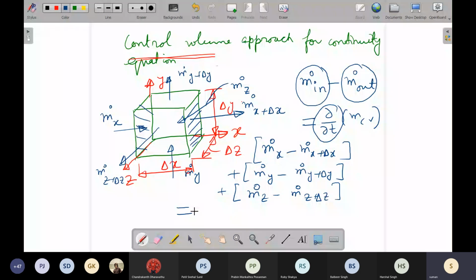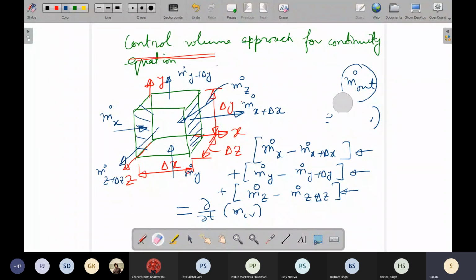So this is something which is equal to the change in mass within the control volume. So clearly we have three directionalities, and we will consider just one of them and write the others by analogy to one of them. So let us take up the x direction.